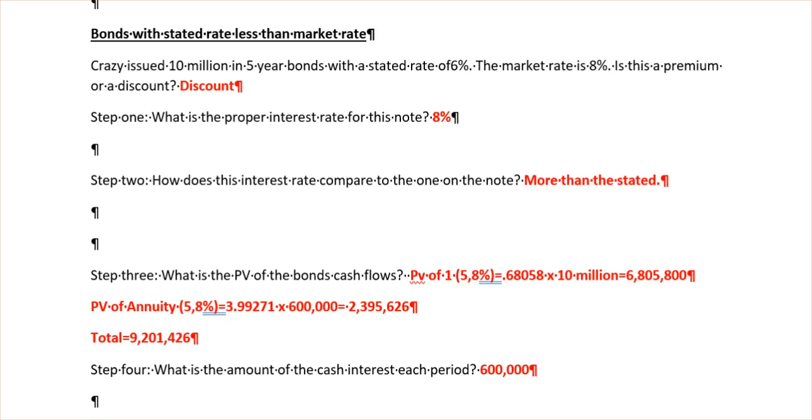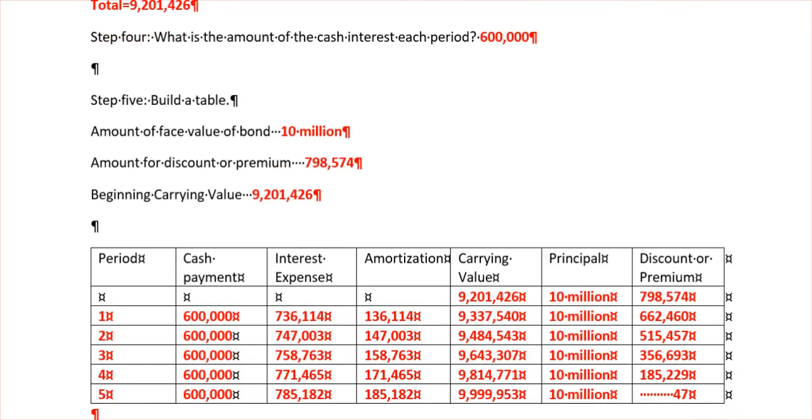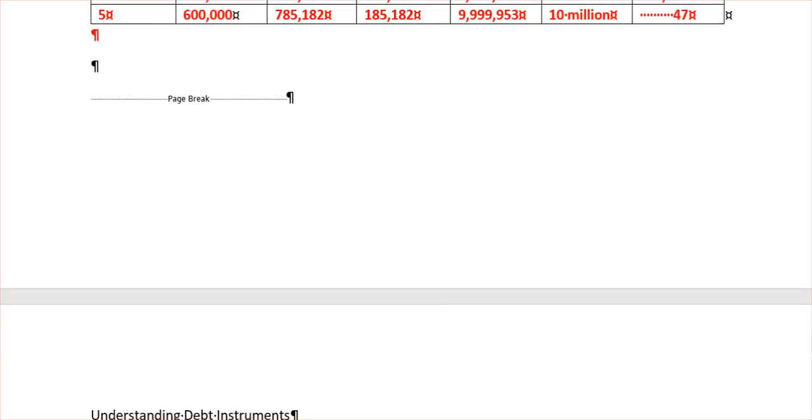You can work through this problem and we come up with a total amount of 9,201,426. The cash interest that is going to be paid is going to be the 600,000, which is the stated rate times the face value of those. We work through the problem, we build the table, and you should work through and see if you can recreate this.